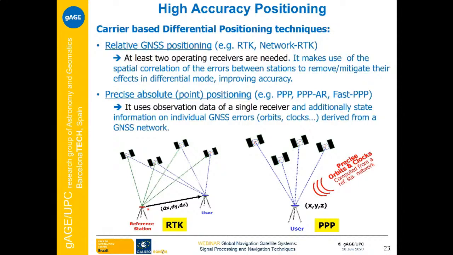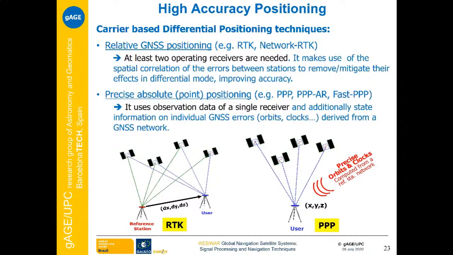This means that if we take differences between the measurements of the user and the reference station, the errors due to the orbit, clocks, atmospheric propagation errors are canceled or mitigated. Our target is to achieve the highest accurate positioning. This means to achieve centimeter level of positioning, and then everything must be at the centimeter level. This is something that we are going to emphasize in this presentation when working with carrier phase.